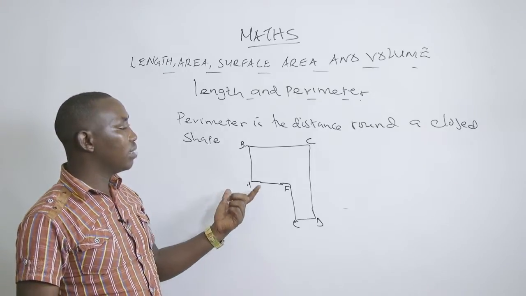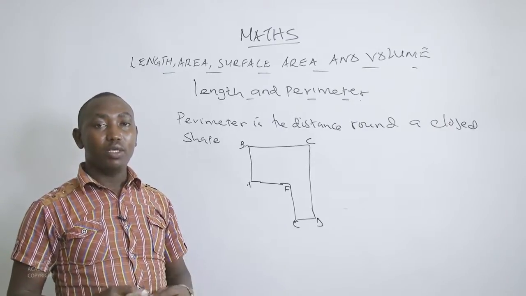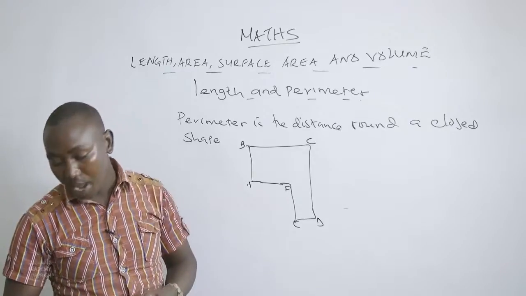Something important concerning the perimeter is that the sides which have equal measurement will always contain some special marks.